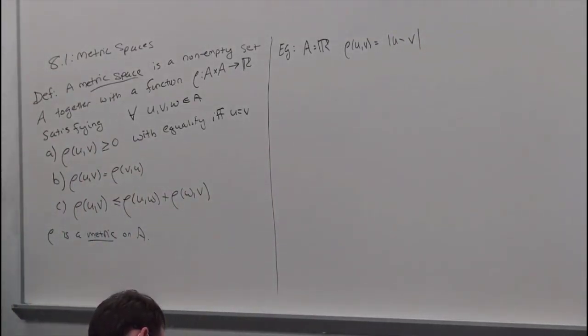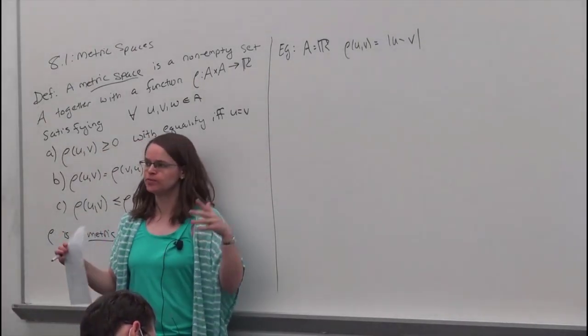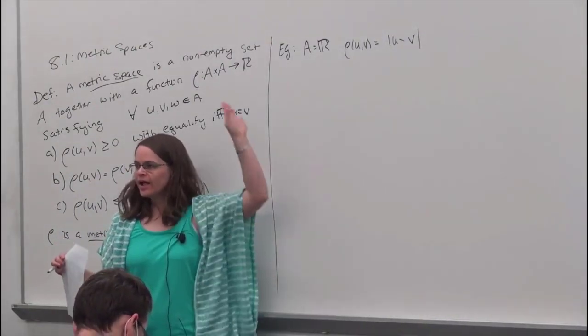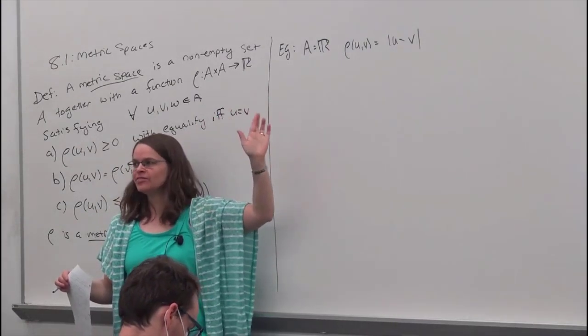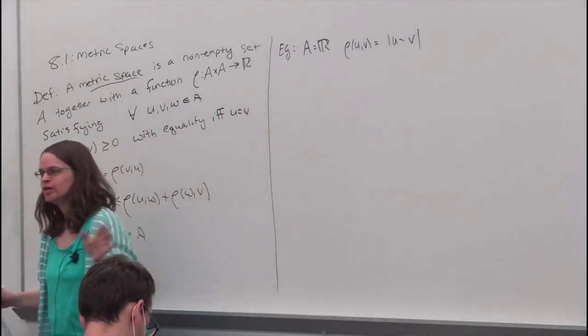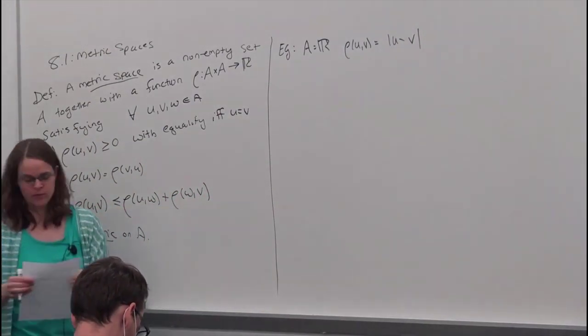So that's a usual metric that we're accustomed to working with. And since our intuition was formed in R or Rn, our intuition about metrics was formed here too. So the things that happen here don't surprise us too much. Other metric spaces you find may surprise you a little bit more.